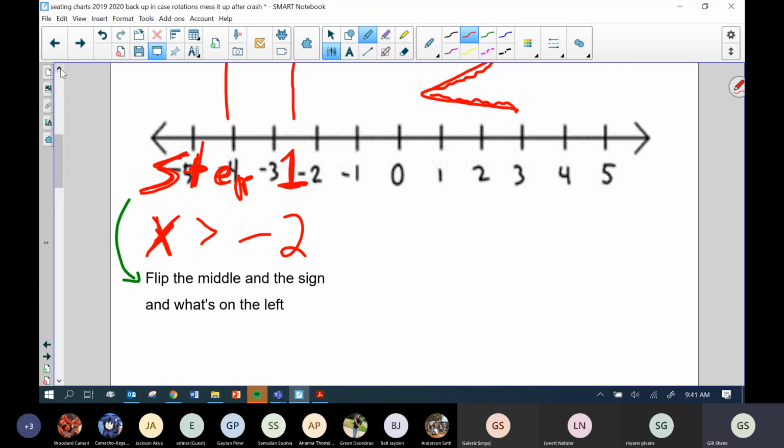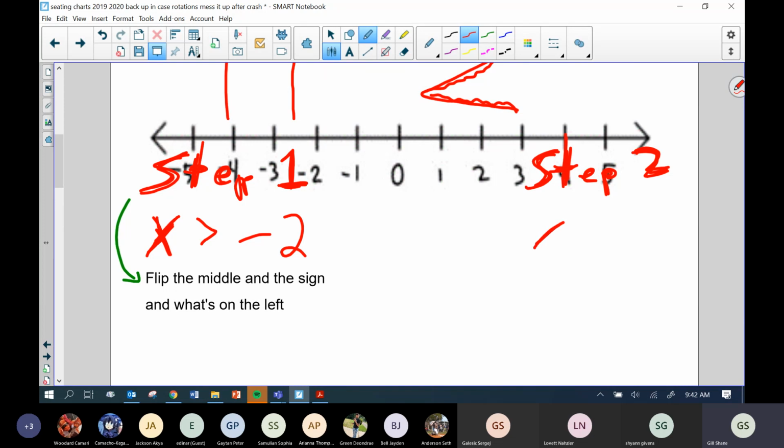So now, step two, I'm going to come over here. I'm writing over the top of the number line just so I can try to fit everything on one screen since I've zoomed way in. Step two, same concept. Step two is we're creating the second inequality.